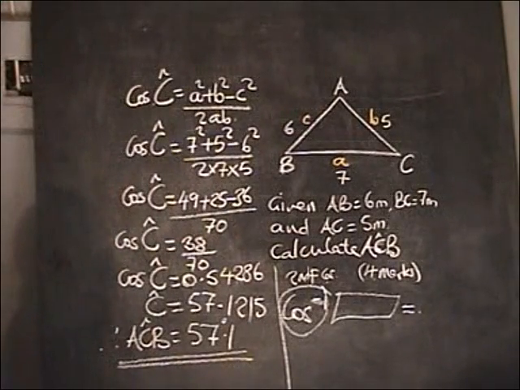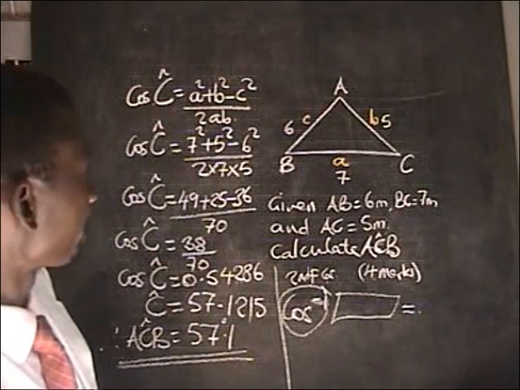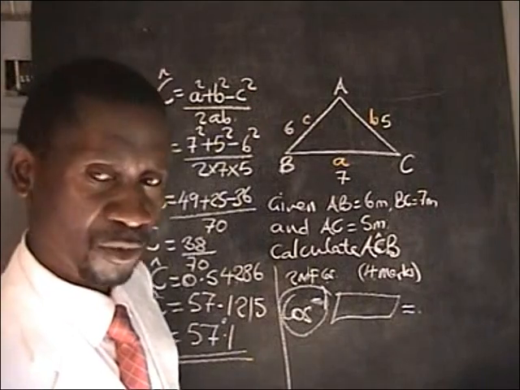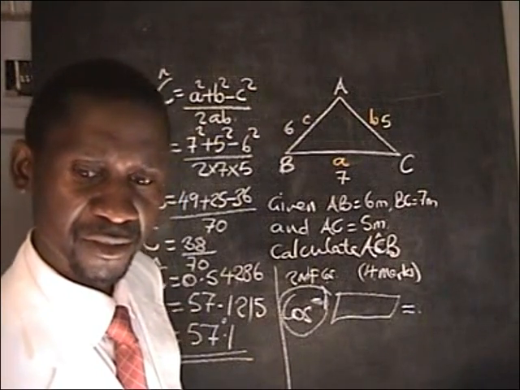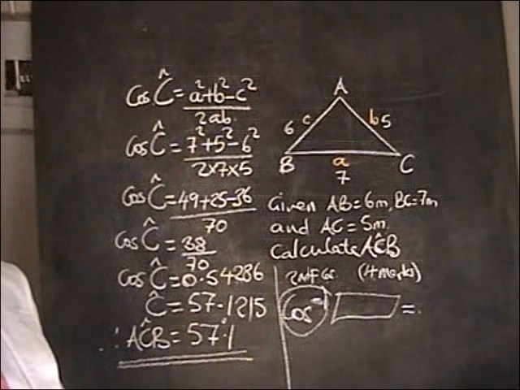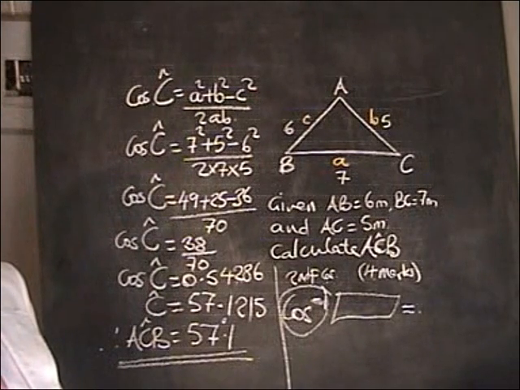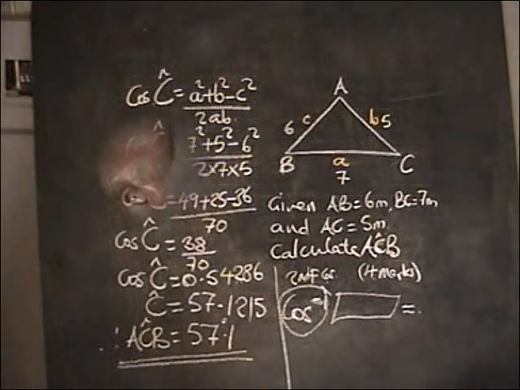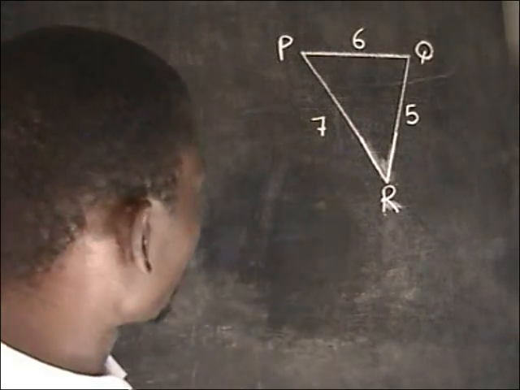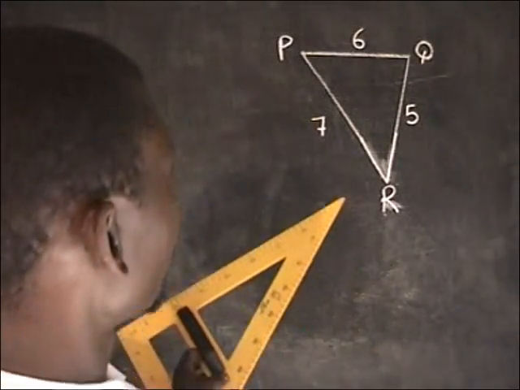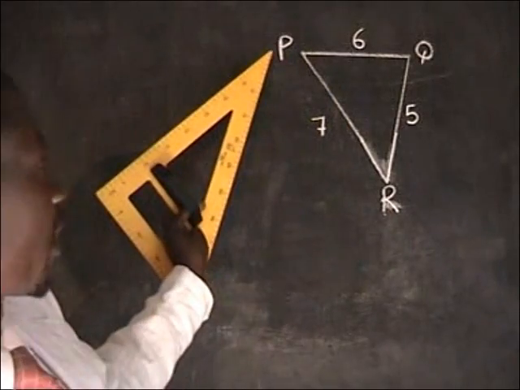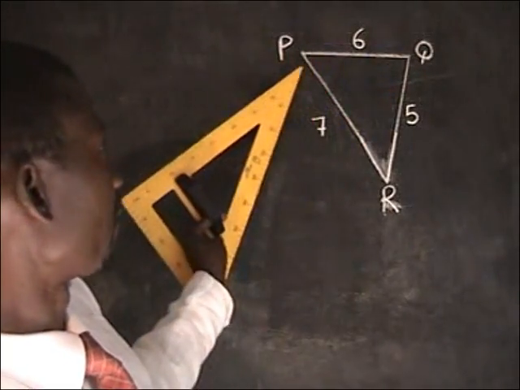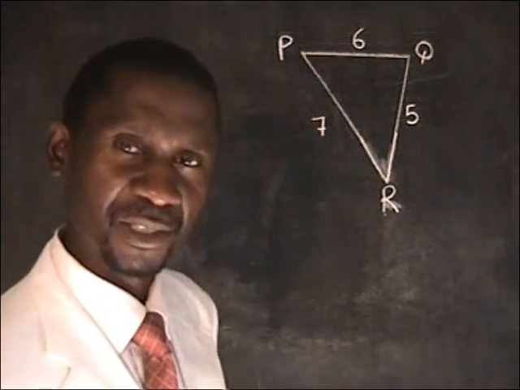We are going to see a triangle where all the 3 sides are given, and we are going to be asked to find one of the three angles. We look at example number 2. For this example number 2, even though I have used the same figures, instead of marking the triangle as ABC, I have decided to use 3 different capital letters.